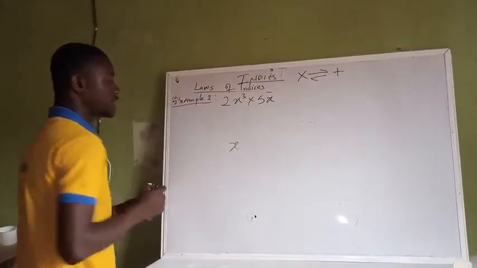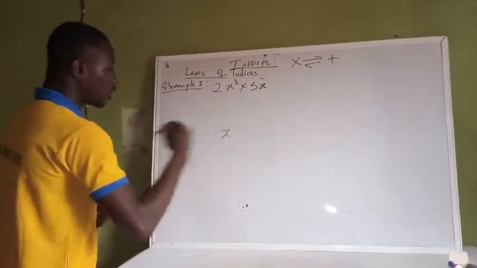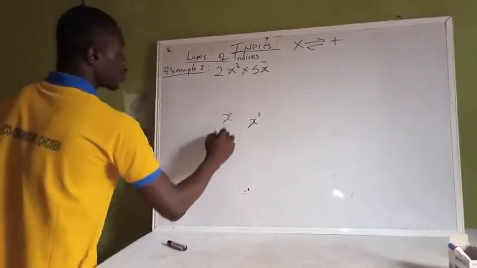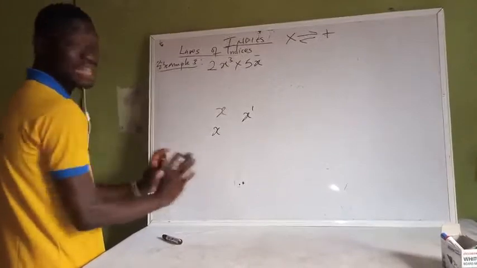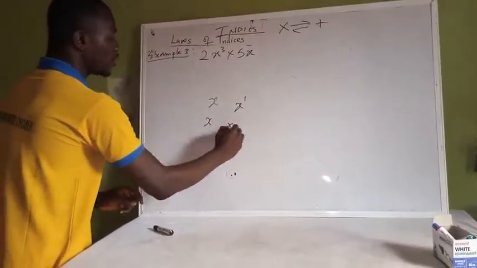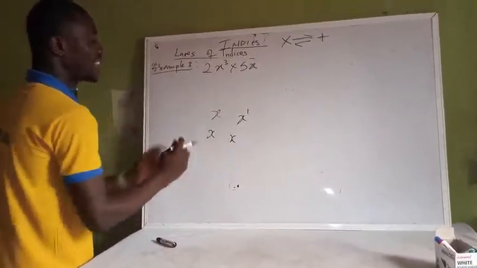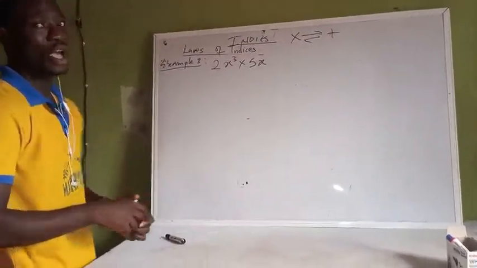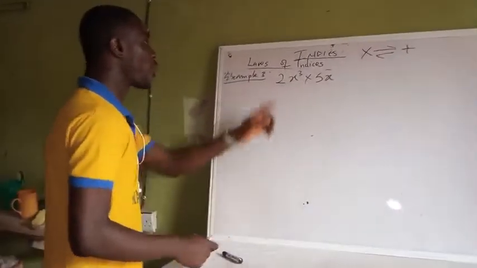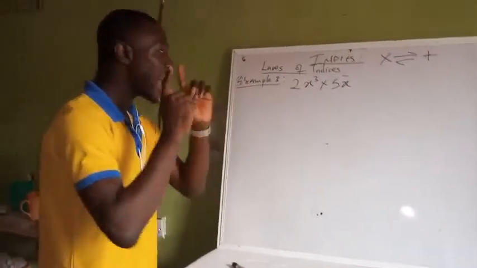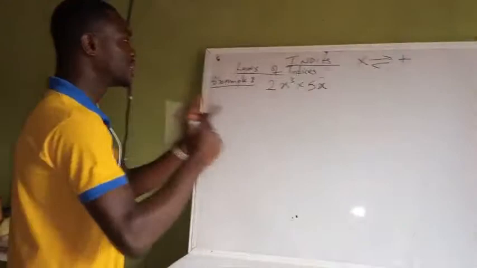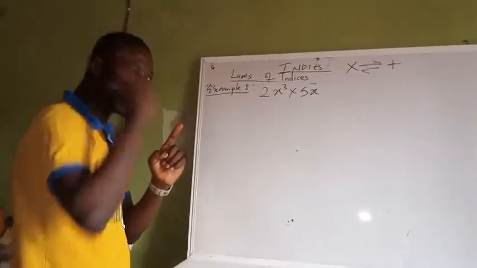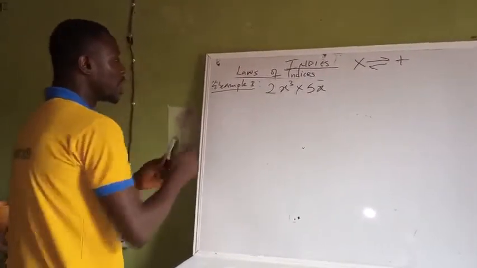Either of the two. The coefficient of x here as it stands is 1. Now, law 1 of indices always states that when the bases are the same, then we change the multiplication sign to addition, to the power.